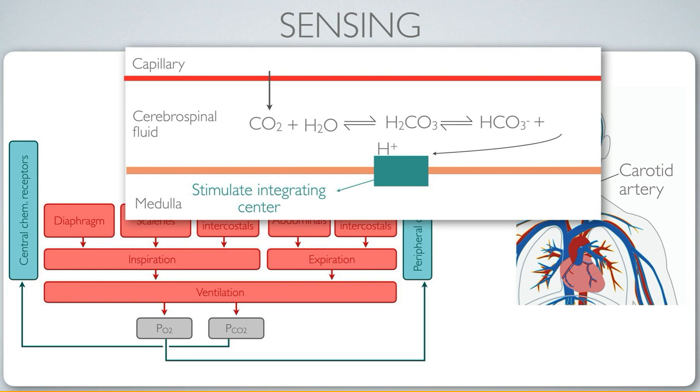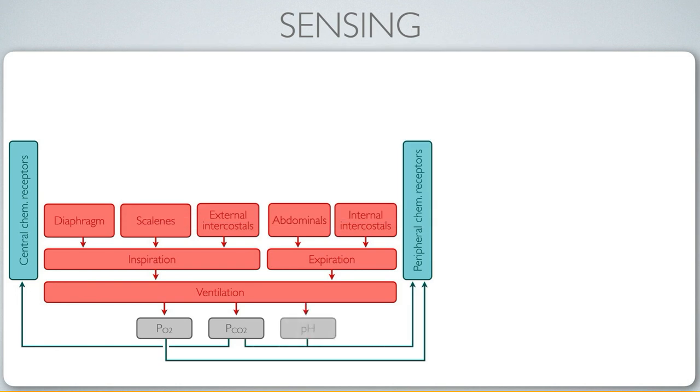Now, pH, which is influenced, as we see in this reaction here, by the partial pressure for CO2, also affects the glomus cells as well, although not as strongly as oxygen. All right, so we're going to add pH as sort of a secondary influencer, which I'm making not as bold here, but pH changes are detected by the glomus cells as well.